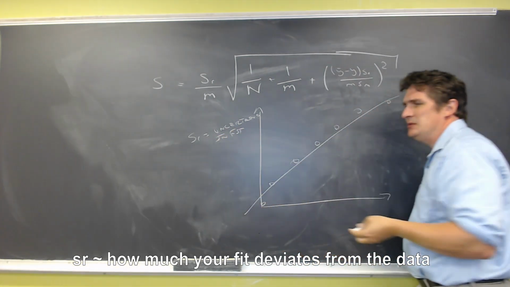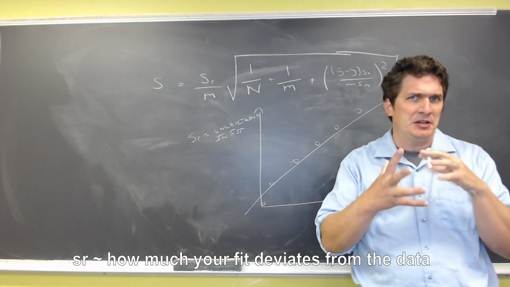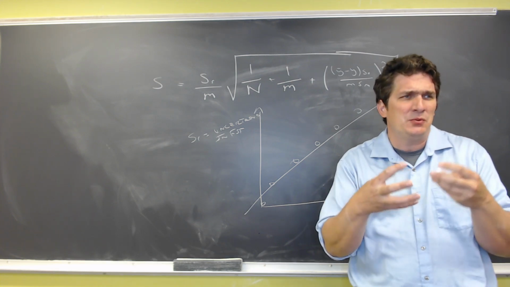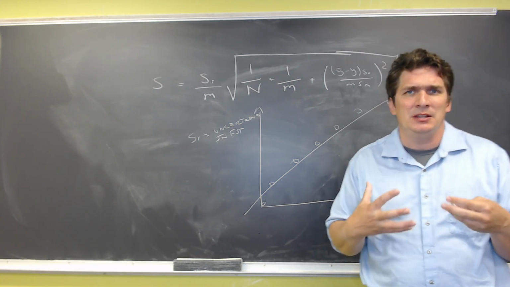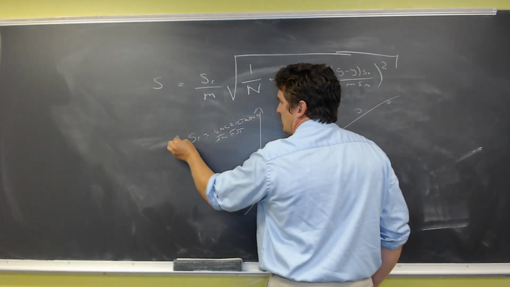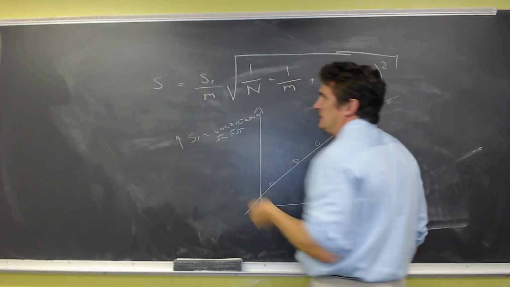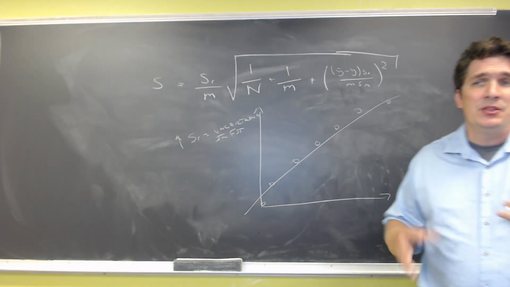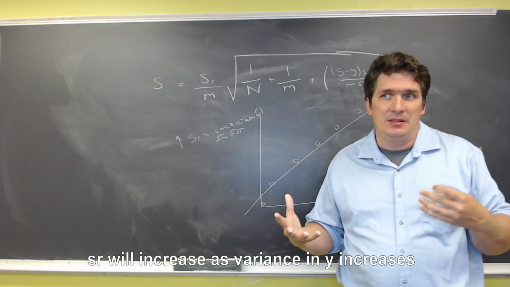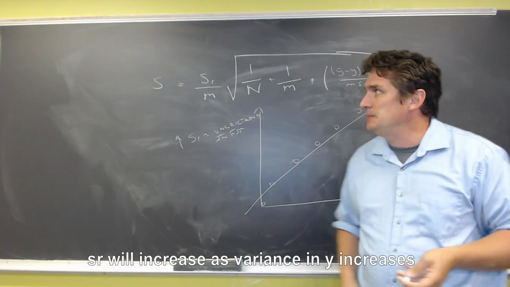So when we do this linear regression, how much does the data get away from the line of best fit? Basically it's reflecting the random error within your data set. And so what we expect is that as S of R increases, the uncertainty increases. The more randomness you have about the line, the more you expect your uncertainty to grow.